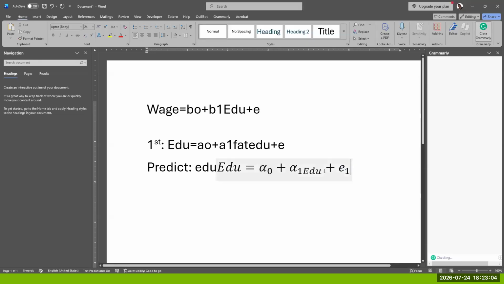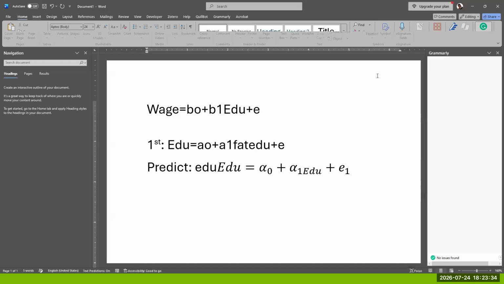In your next step, once you predict education, after you have factored in the influence of the father's education, that predicted education becomes the education hat. So here, probably need to insert a new one.